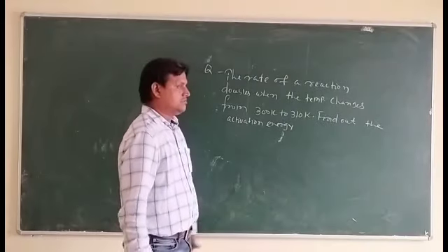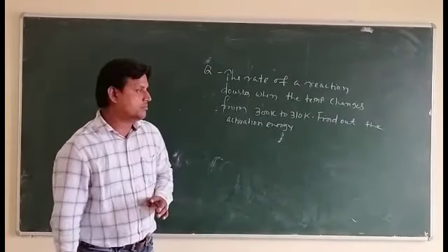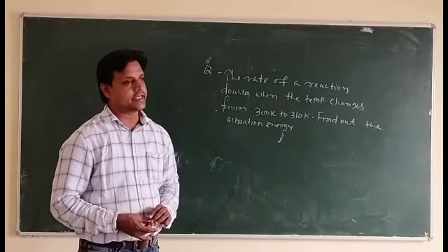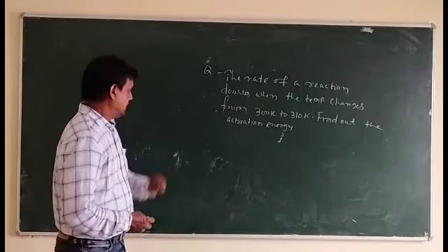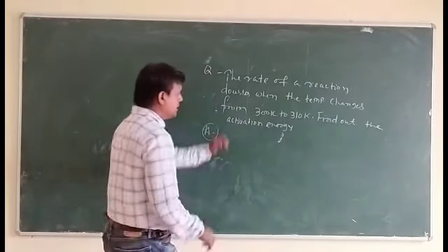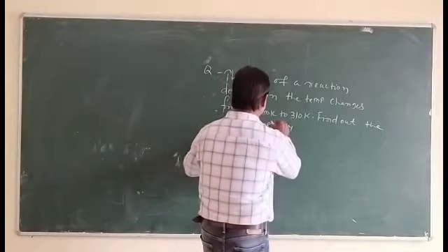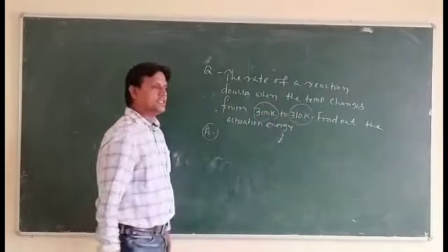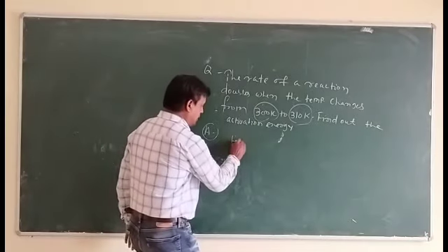So how can we calculate this? I can calculate the activation energy from the temperature variation of the rate constant. Here T1 equals 300 Kelvin and T2 equals 310 Kelvin.